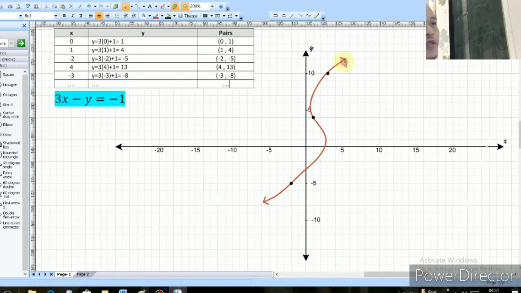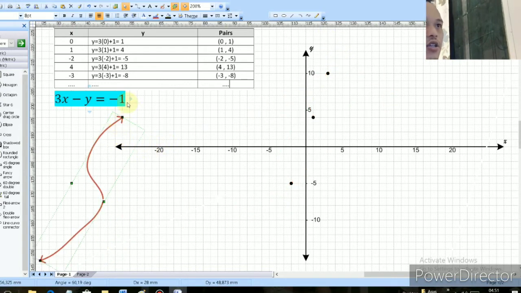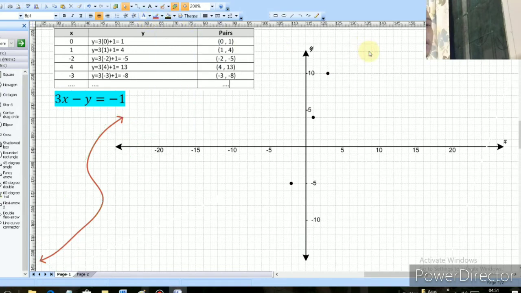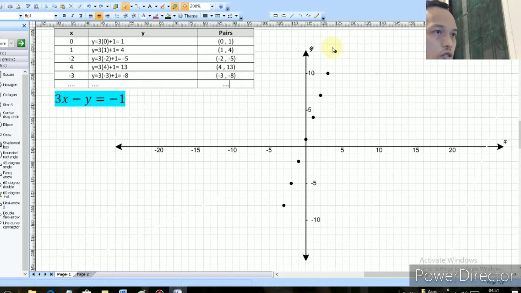Therefore, it is safe for us to find as many as we can, and then we can start to assume after it shows a consistent pattern. For example, if I'm just plotting more of it, right, I plot more of it. Look at this, all of the solutions that I have already searched, when I plot them, consistently show the pattern is a straight line.